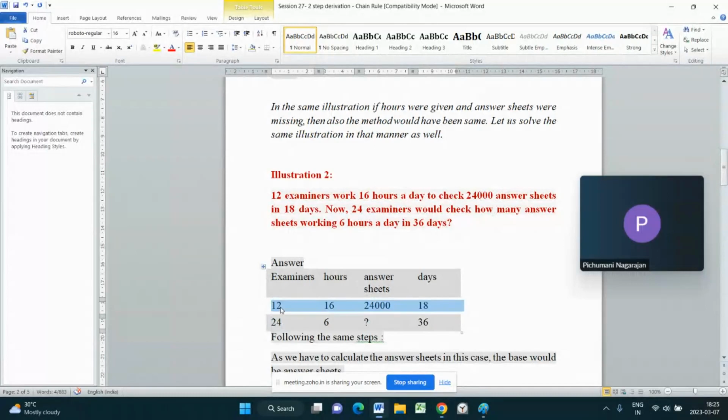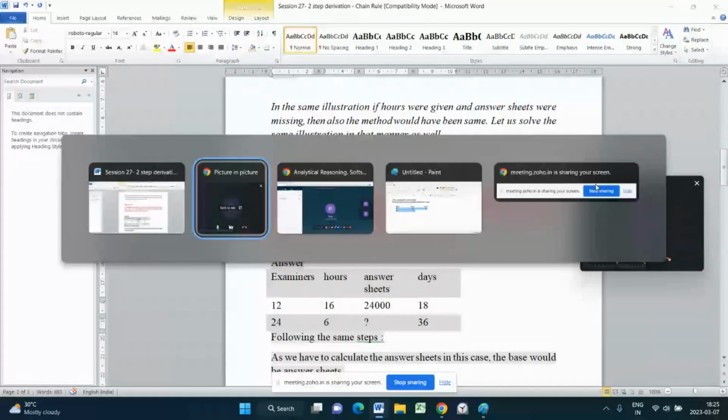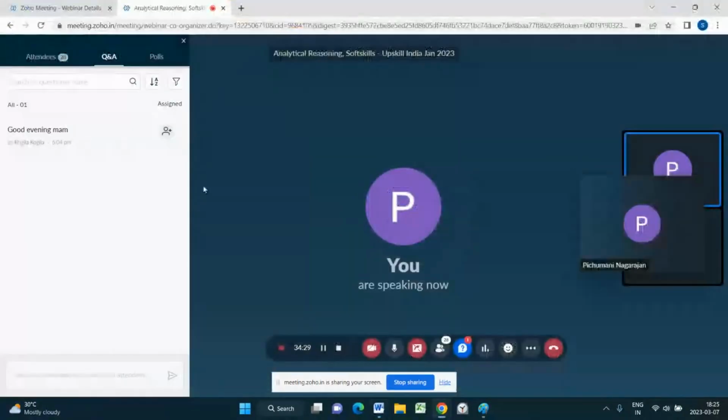In this case, examiners 12 and 24. What will you take, numerator and denominator? Can you tell me? Can you put it on the chart, please?